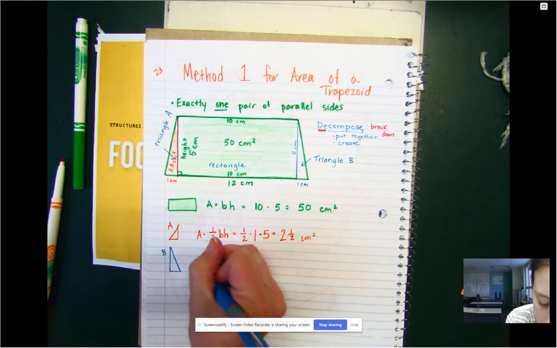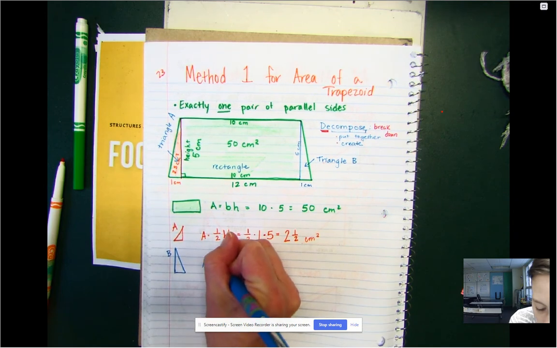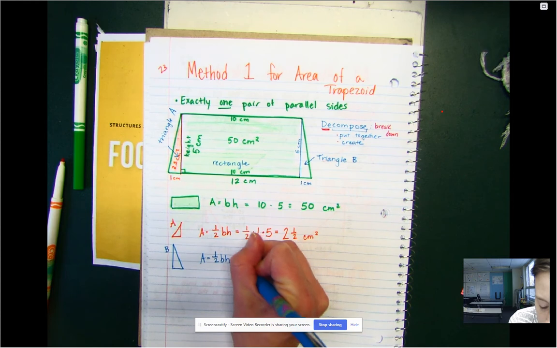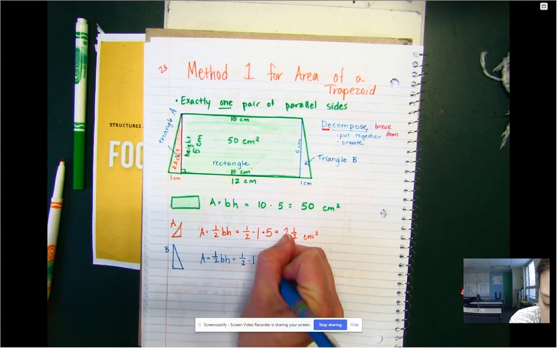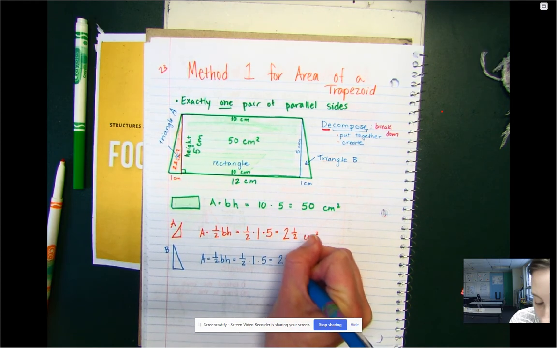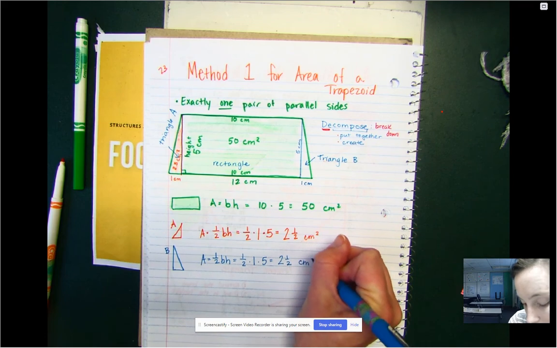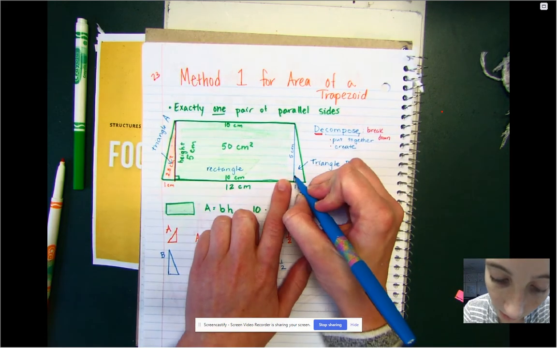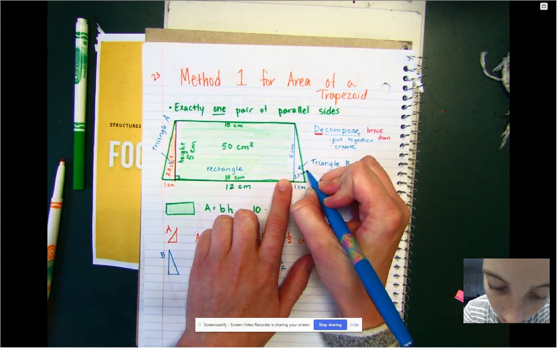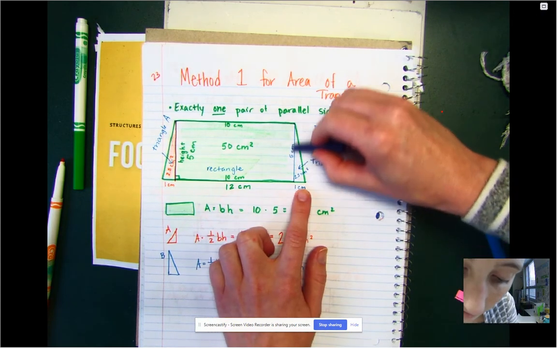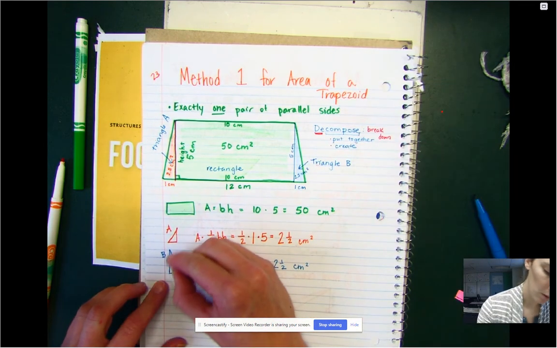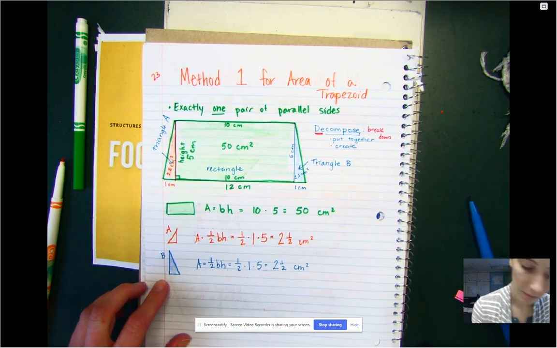So the area of triangle B is going to end up being the same as the area of triangle A because they both had the same base and they had the same height. So this is 2.5 centimeters squared, and we can say that we've taken care of this piece. Okay? Oops, I forgot to color in these shapes.